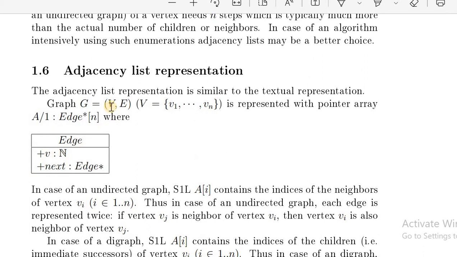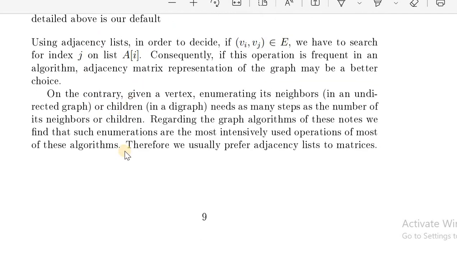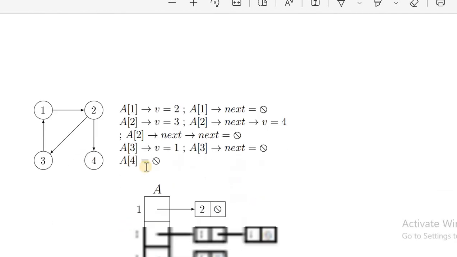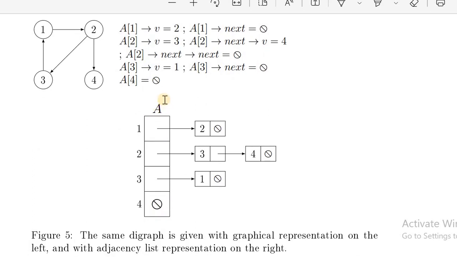And here comes the adjacency list representation of a graph, which is one more way to represent the graph in a computer. So what does it mean? For example, if we represent this graph as an adjacency list, as you see, this is a directed graph.